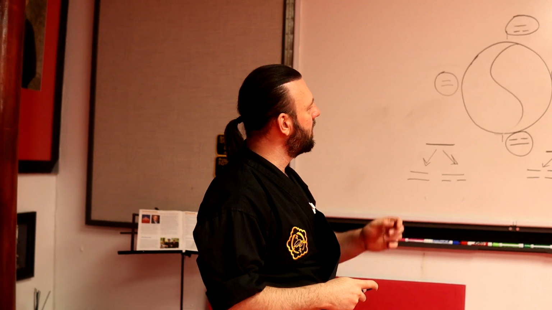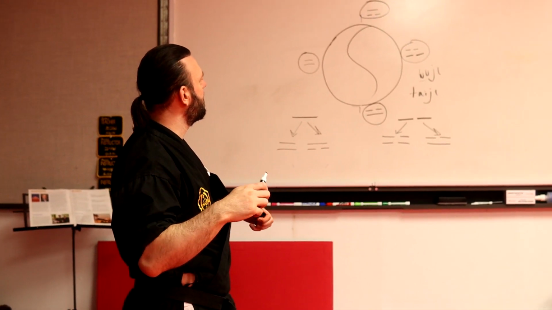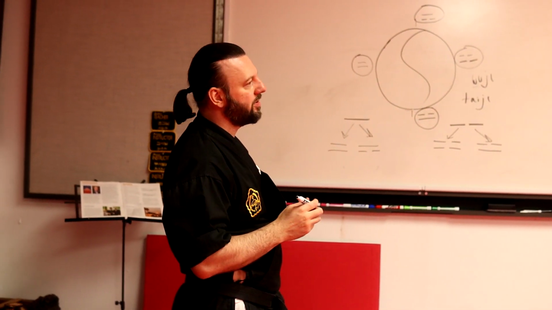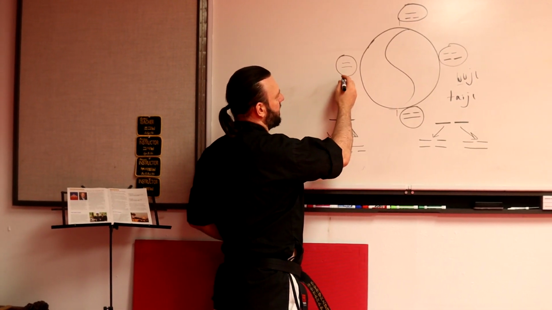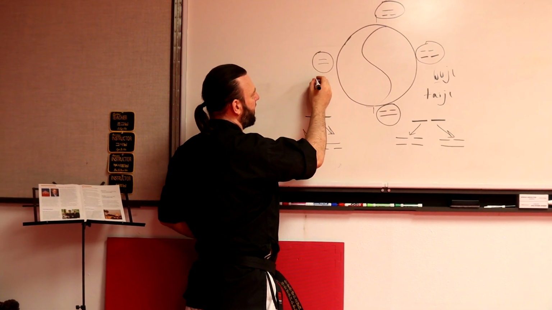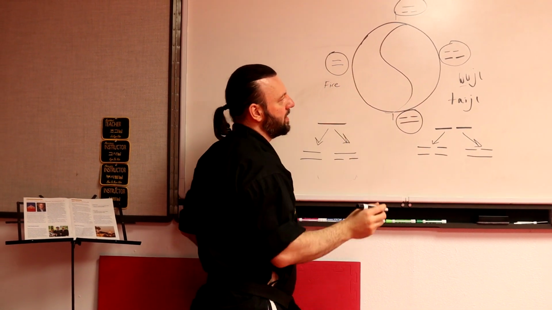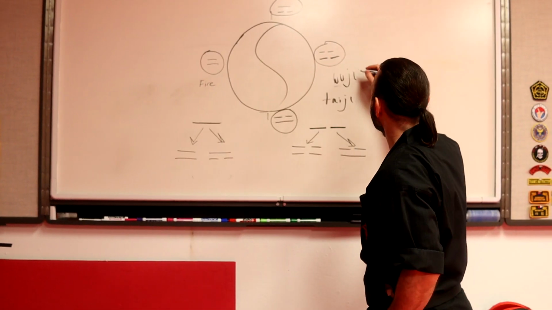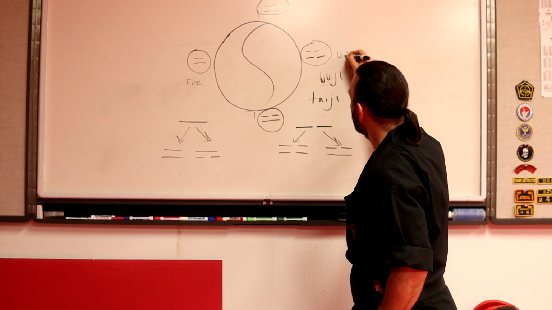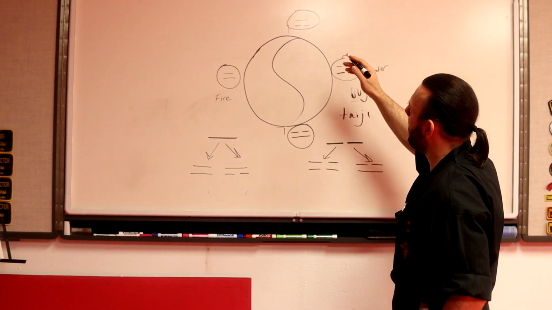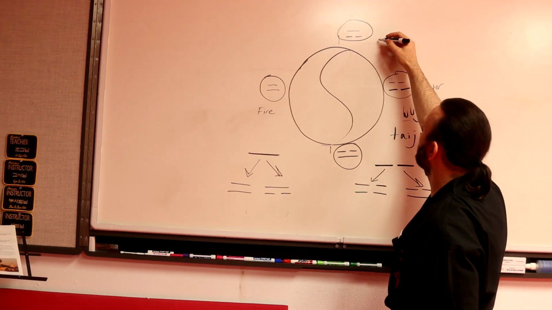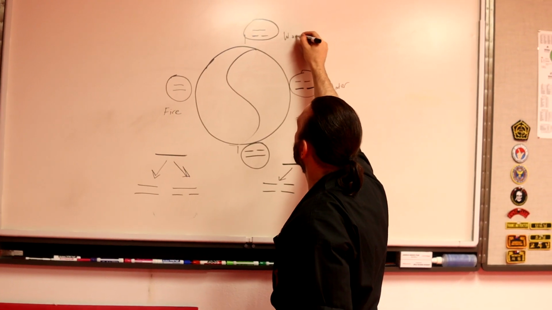In Taoism, they simply equate these with 4 of the 5 elements that they have. So this one, the double yang, they would call fire. And the double yin, they would call water. And then the yang with some yin, they would call wood.